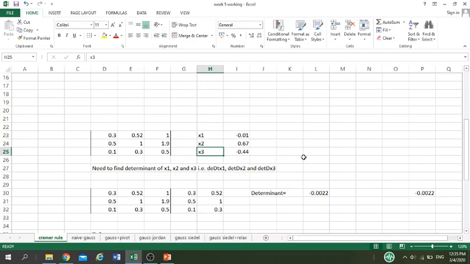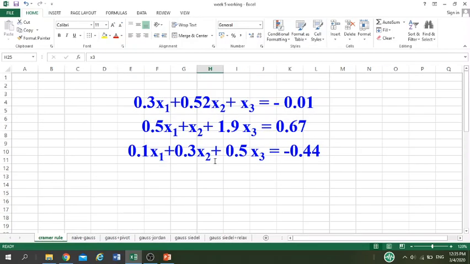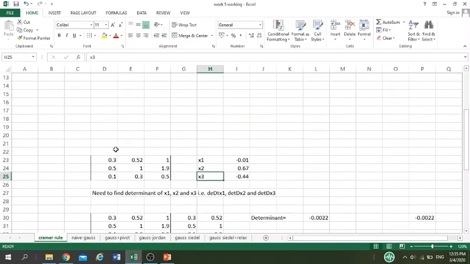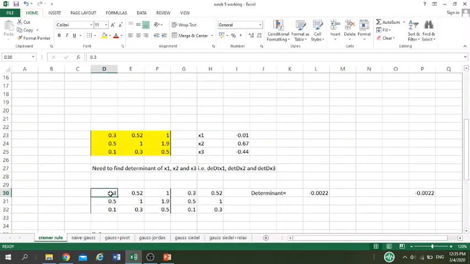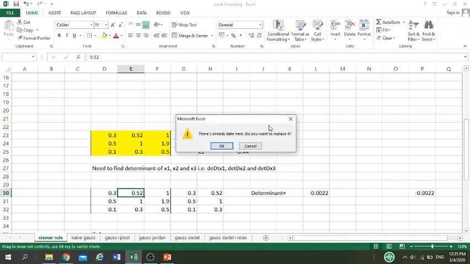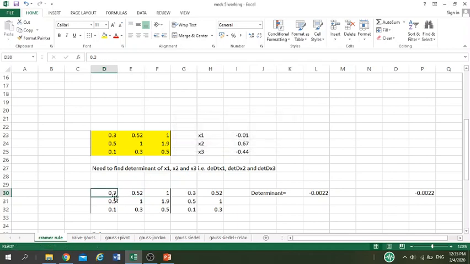First of all, we have to find the determinant of our matrix, the original matrix that describes each of our linear equations. To find the determinant of this matrix, we take the first two columns of the matrix and put them next to the original matrix.